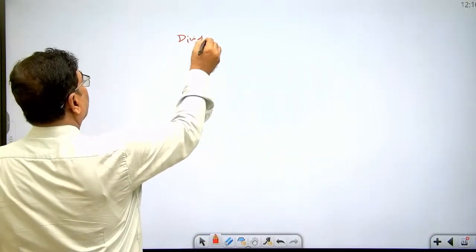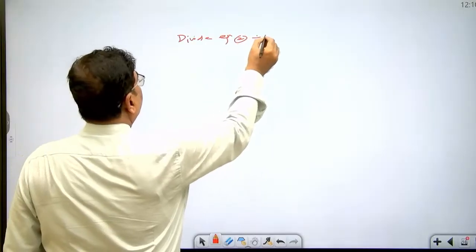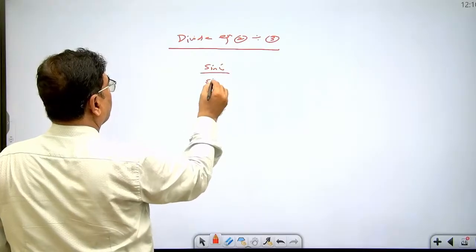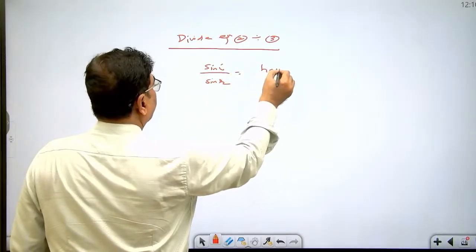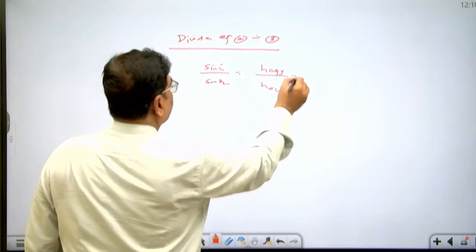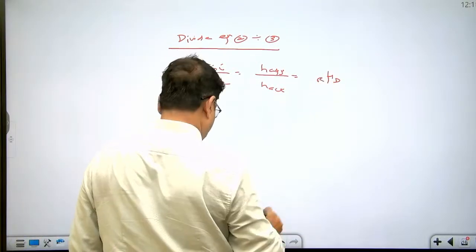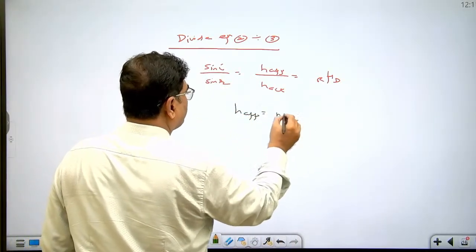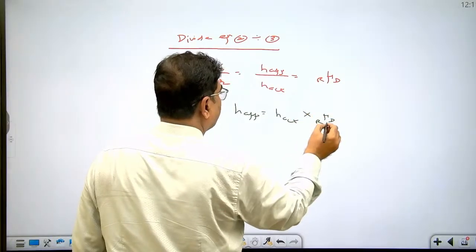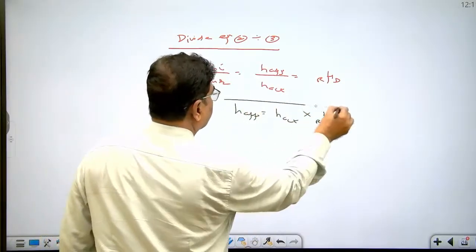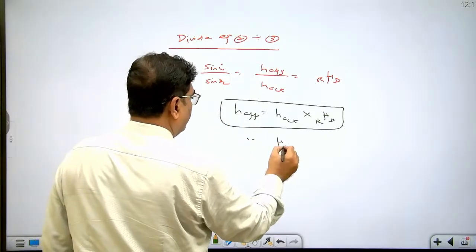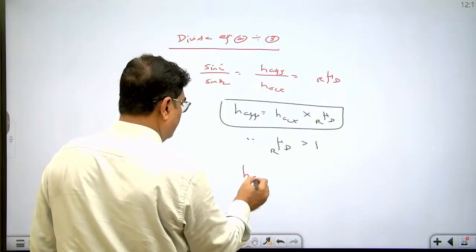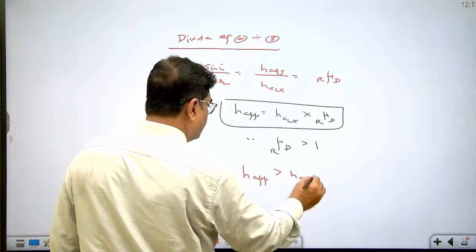Divide equation 2 and equation 3. We get sin I upon sin R equal to H apparent upon H actual equal to mu dr. So finally we get H apparent equal to H actual into mu dr. Since refractive index of denser medium with respect to rarer medium is greater than 1, so apparent height is more than actual height.